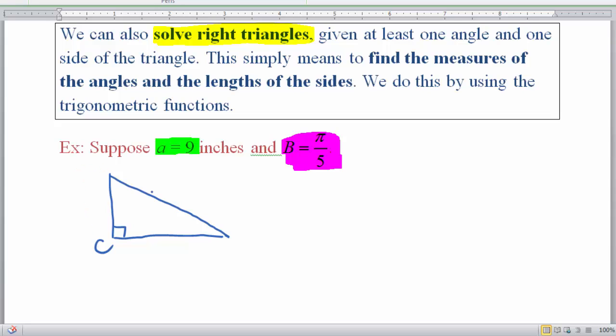And then really it doesn't matter which angle I call A or B. So let's just say I call this A and this B. It didn't matter which one I called angle A, which one I called angle B, but now that I've chosen the angles, side A has to go opposite angle A and side B has to go opposite angle B, right?